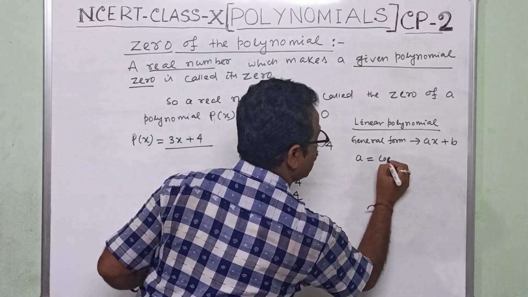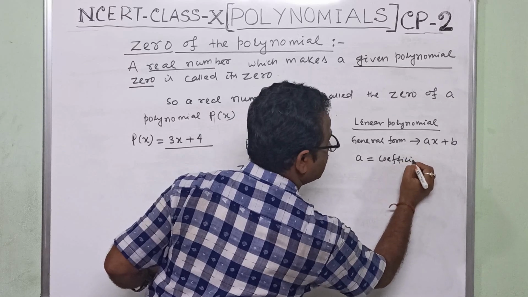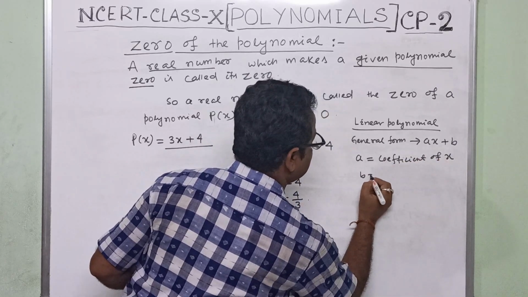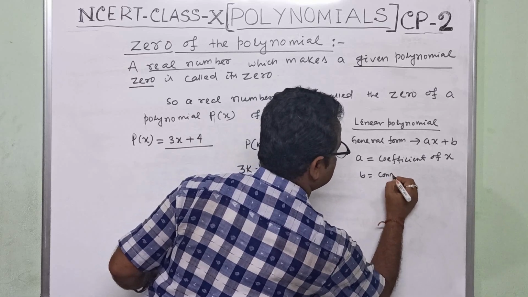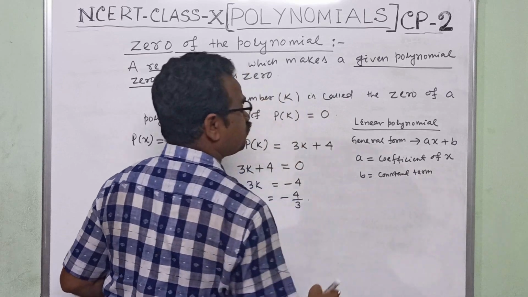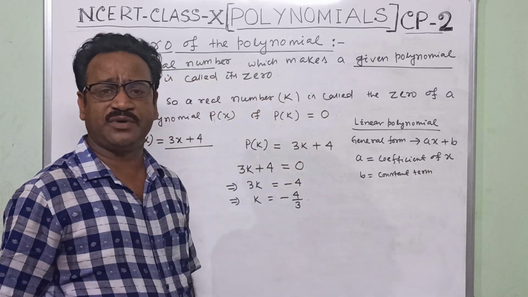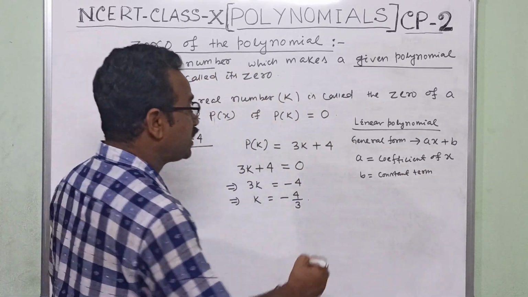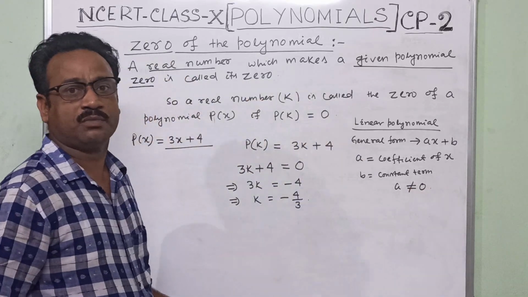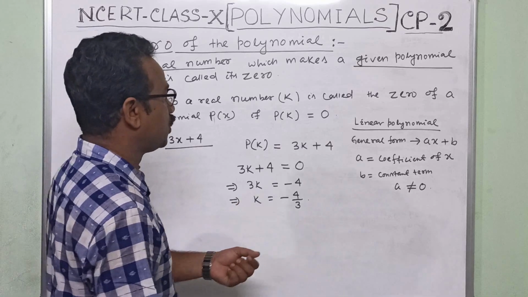A is the coefficient of x. B is your constant term, or the term without the variable. Here a is not equal to 0. B may be 0, but a is not equal to 0.